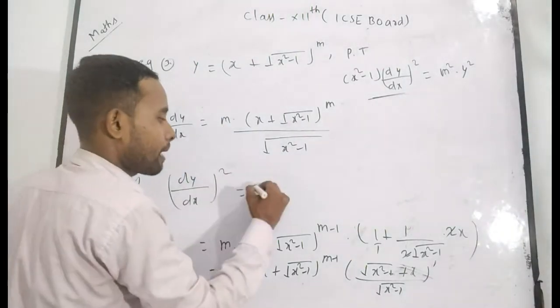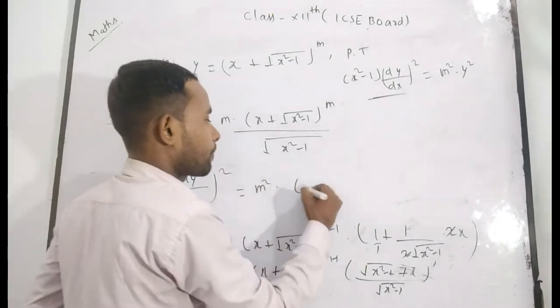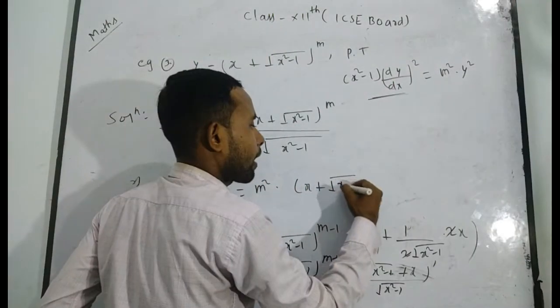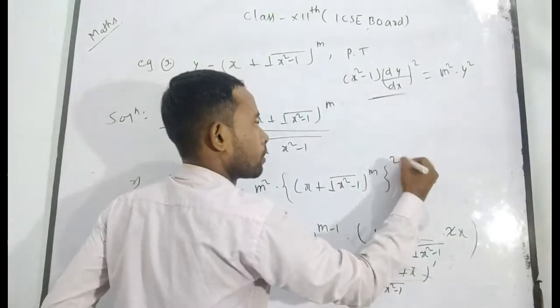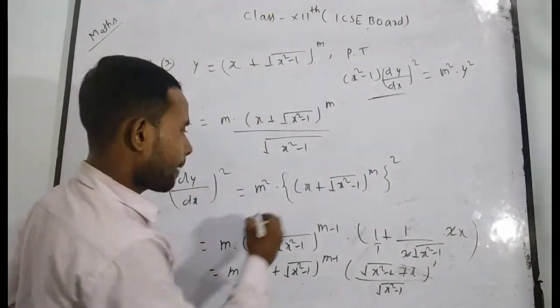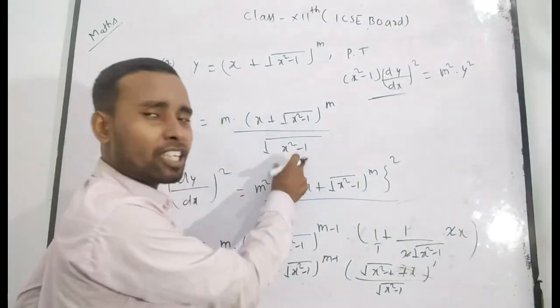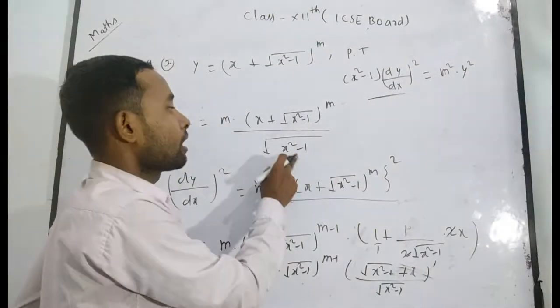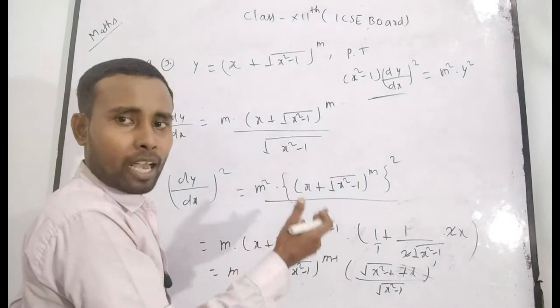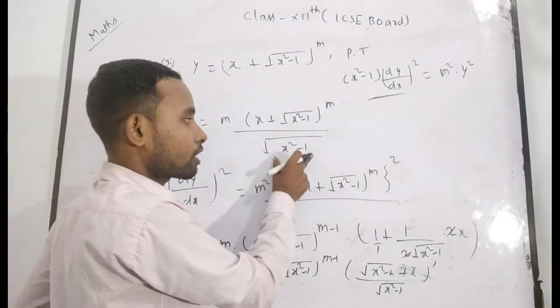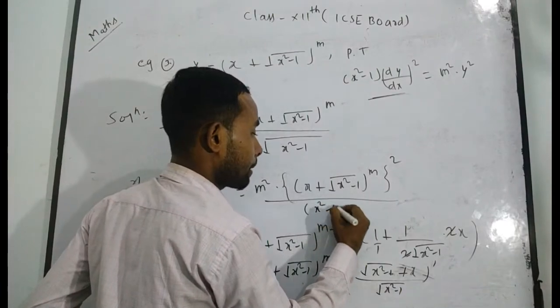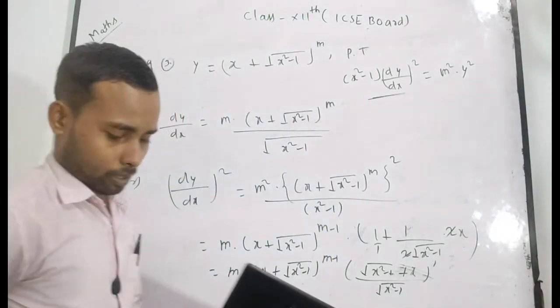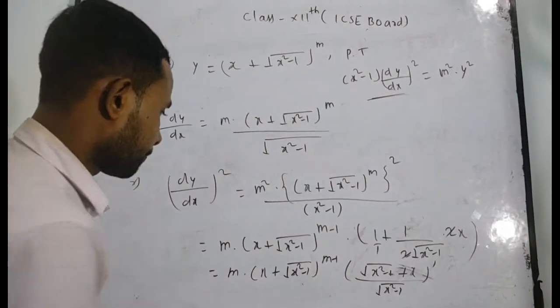In that case it will be m square into x plus root under x square minus 1 whole to the power 2m divided by root under x square minus 1. If you take the whole power of x square minus 1 to the half, the radical sign will be removed and it will be simply x square minus 1. Have you understood?